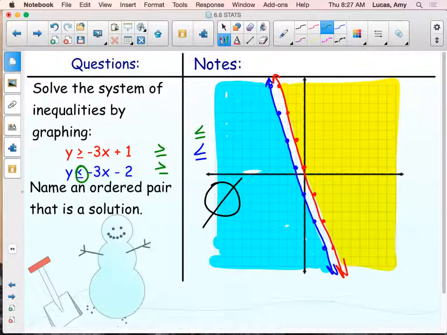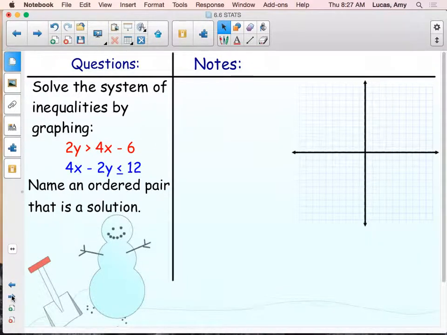Even if these two were reversed, if these symbols were switched around, there'd be a tiny region where they overlapped. So don't assume that if you see the same slope, that that means it's always going to be no solution, okay?